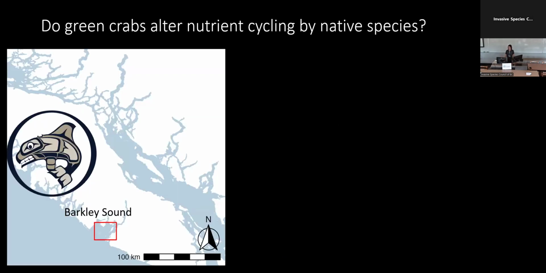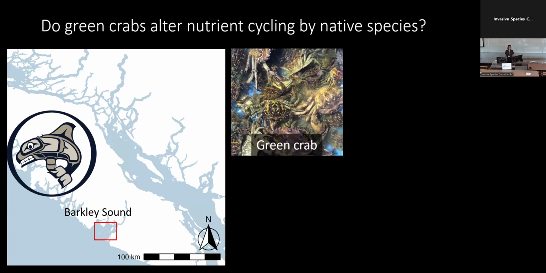So that led me to ask this question out on Vancouver Island in Barkley Sound, where I've been based on the traditional territories of the Huu-ay-aht First Nation. And I've been curious whether these green crabs might be able to alter natural nutrient cycling by native species. Barkley Sound's really neat because there's some areas that have really high populations of green crabs, but there's still some regions that haven't maybe been invaded or have very low populations of green crabs.